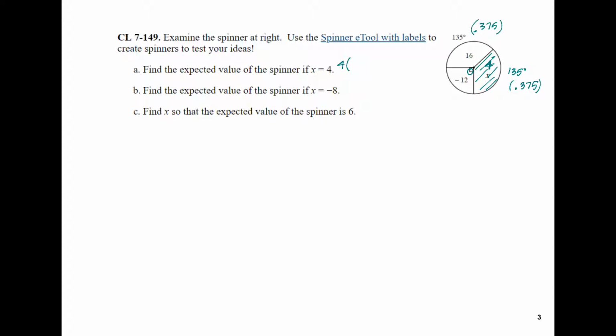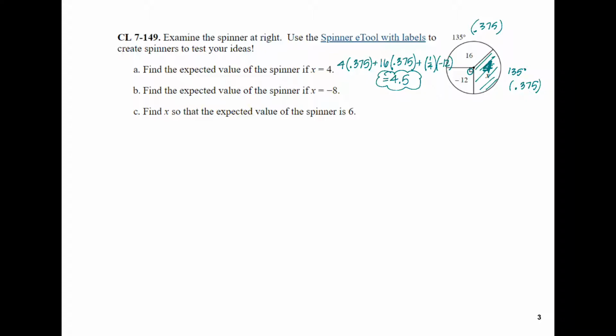So we're going to take 4, because that's the number they wanted us to evaluate for, multiply it by the probability of spinning that section on our spinner, and add it to the probability times the numbers on the other sections. When we add those all together, we get the expected value of 4.5.